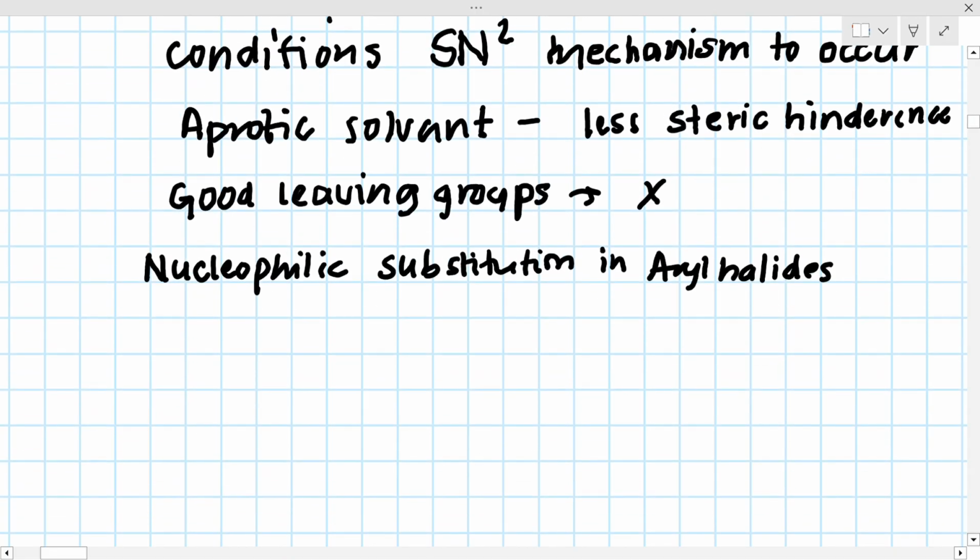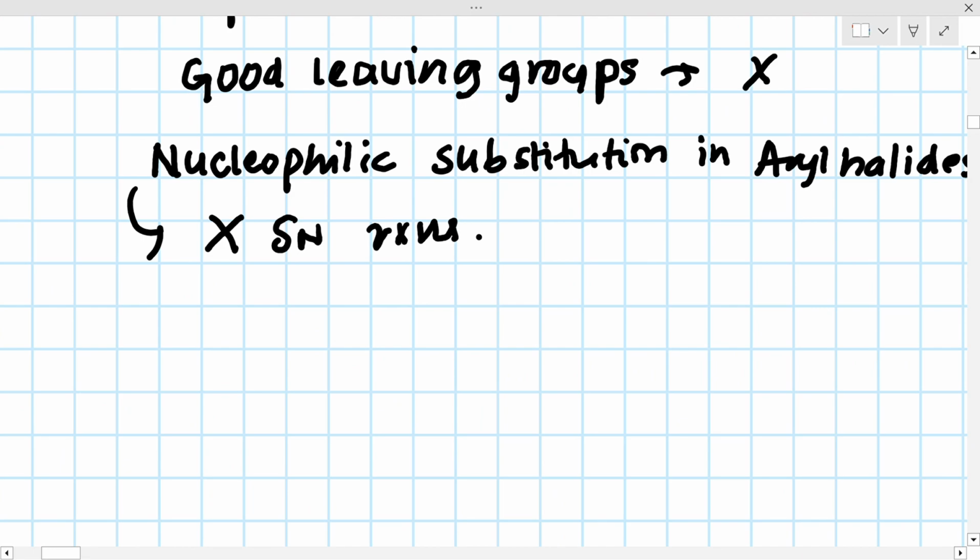In aryl halides, no SN reactions. Why is there no SN reaction in these aryl halides? It is because of the partial double bond.